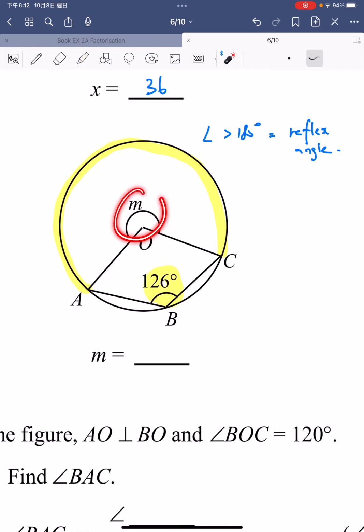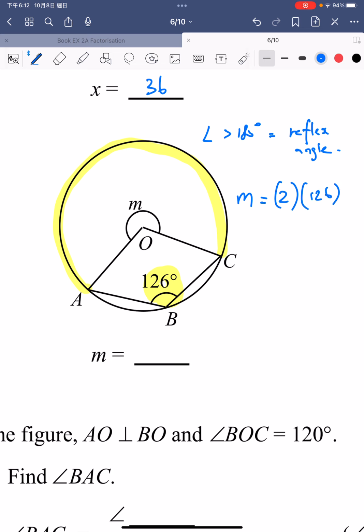Both M and 126 are watching the same arc, so we can use angle at the center is twice the angle at the circumference. M is the angle at the center, which is twice the angle at the circumference, so M is equal to 252 degrees.